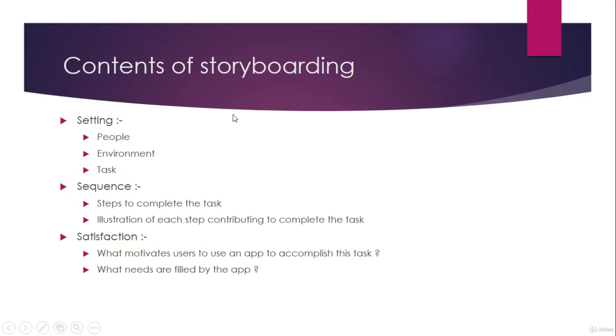As you can witness in the second slide, when we are designing a storyboard, we have to consider several segments. One segment is the setting. Under setting, we should be aware of who the people are, in the sense the stakeholders involved with the process, then the environment that we are going to model using storyboarding, and the specific task.